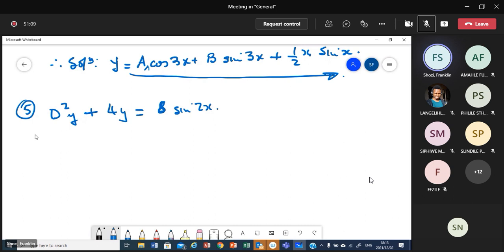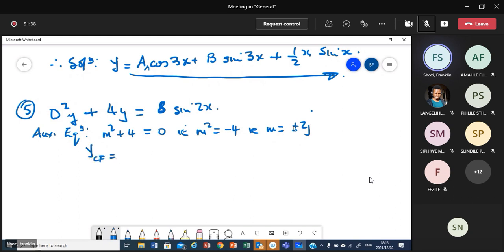Form an auxiliary equation. The auxiliary equation is m squared plus 4 equal to 0. Solve for m. We have seen that. That is m squared is minus 4. Solve for m, that is m is plus or minus 2j. I think we have seen that. Right?